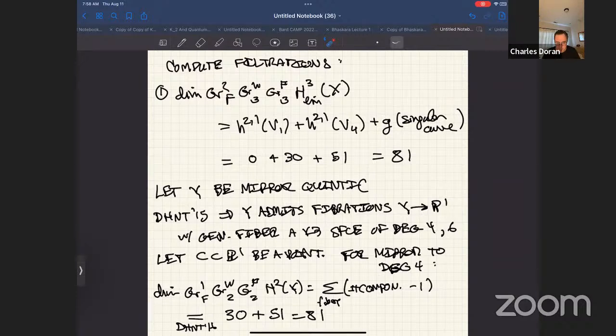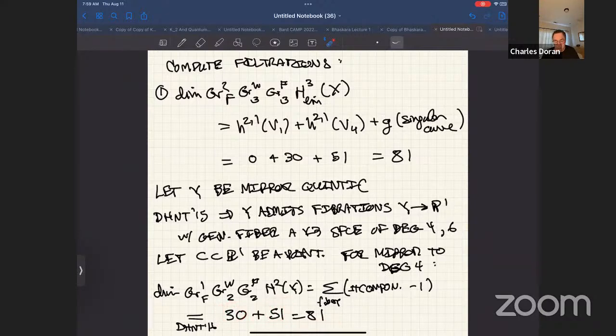And if you have a point in the base P1, and you consider Z to be the corresponding K3 fiber, you can run the same game, and you get, by calculations done in another of those papers of ours, that this is the sum over the fibers of the number of components minus 1, which turns out to be 30 plus 51 is 81.